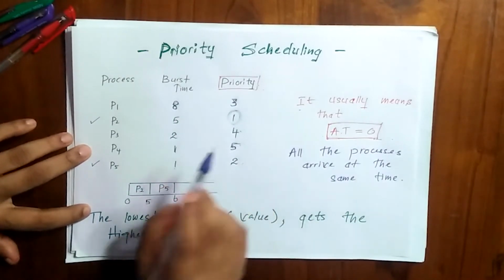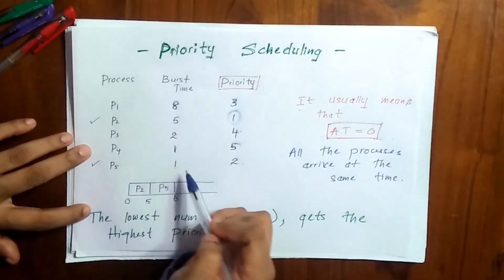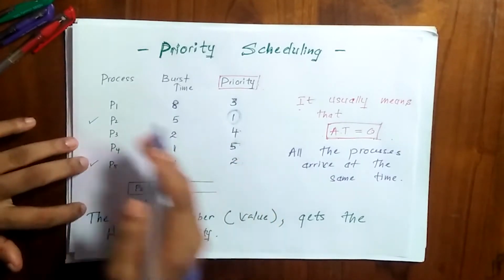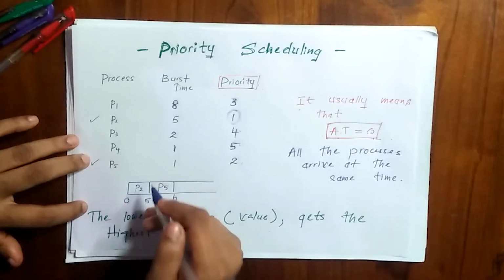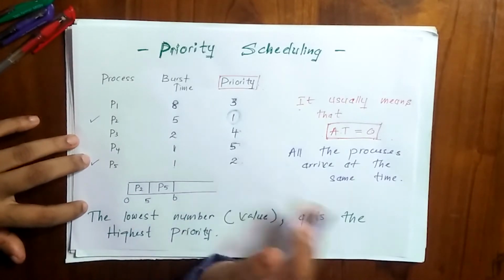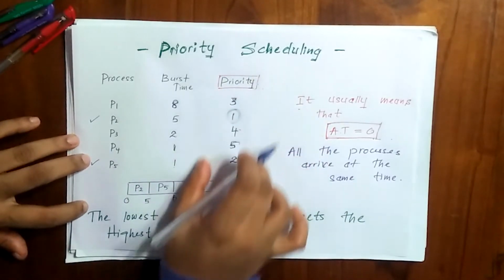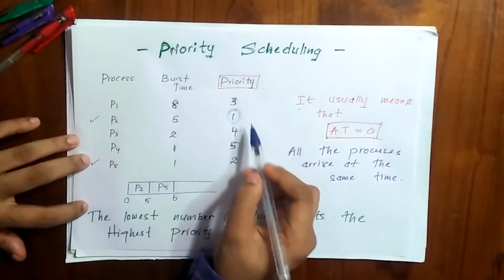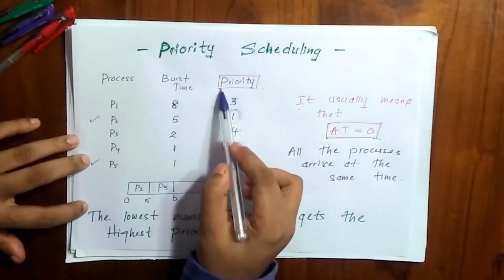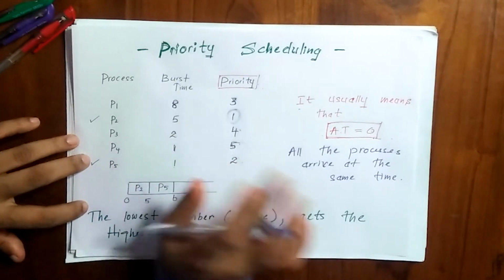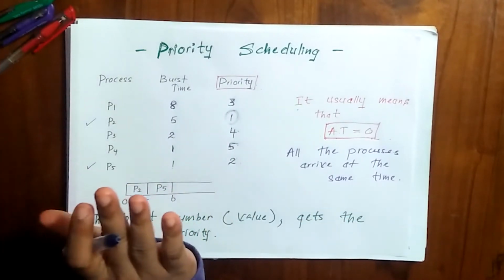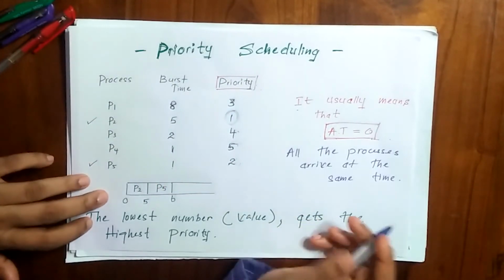Now you can see in this also we ignore the burst time when selecting the processes to place here, right? We give the priority based on the values in this priority column. We ignore burst time as same as in the FCFS, right?